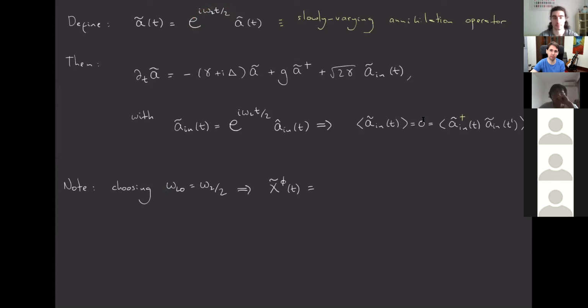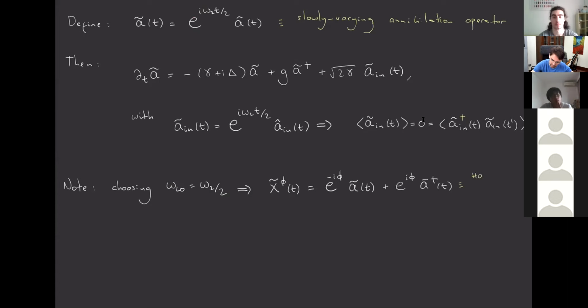But if they coincide, and that's what you have to do in an experiment, then this slowly varying quadrature becomes exactly the quadrature associated to the slowly varying intracavity field, okay?